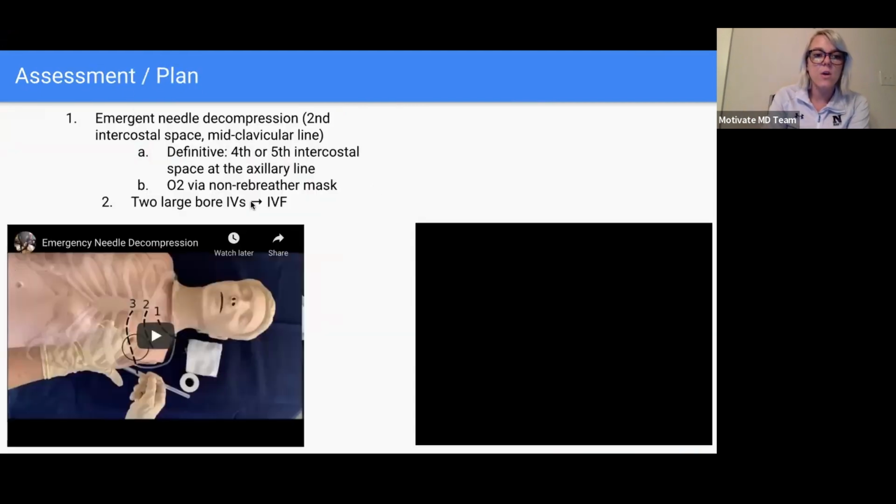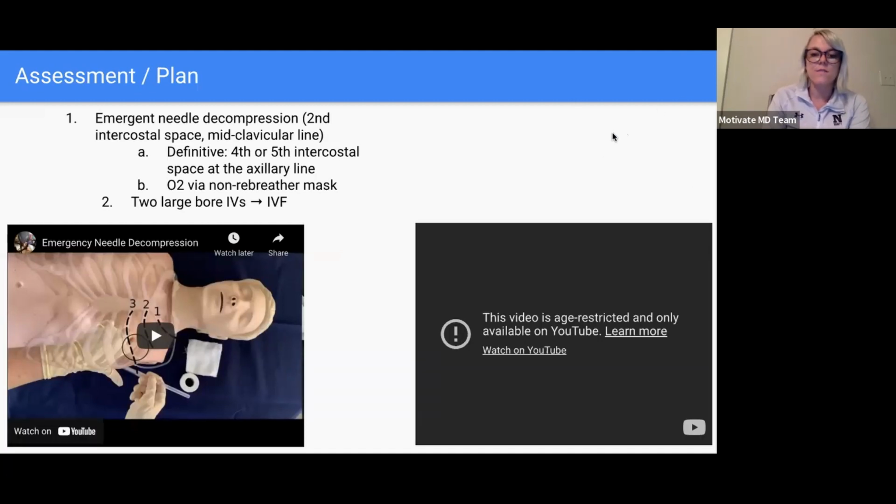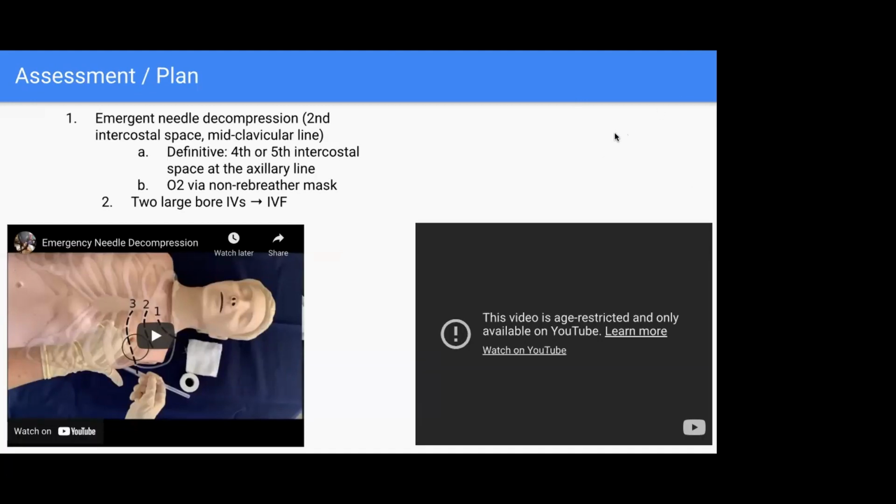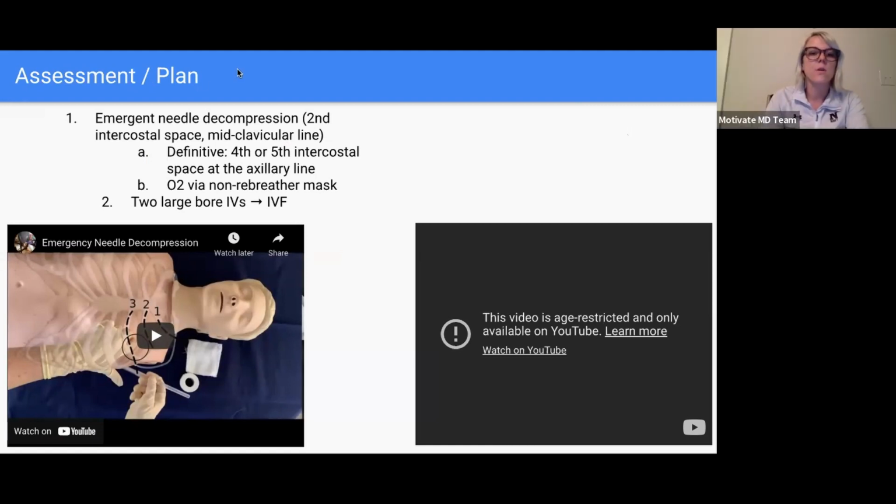And you guys may know how to fix this. There is a video that I may or may not show you based on time. But what we're doing here is we are going to act emergently, and anybody will tell you, if you're diagnosing a pneumothorax based off the chest x-ray, you may have made a mistake.